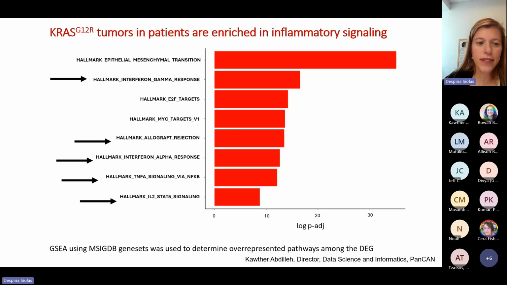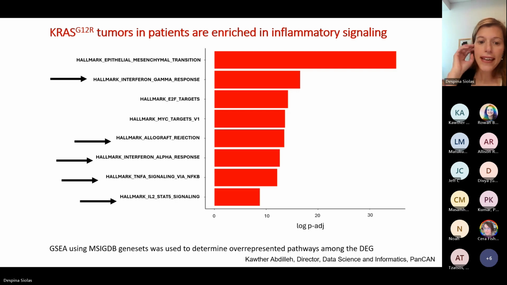And one of the things we did is an analysis of the top hallmark pathways enriched in cancer cells using MSigDB gene sets. And what we found was that G12R tumors have an enrichment in all these inflammatory pathways, interferon gamma, interferon alpha, et cetera.